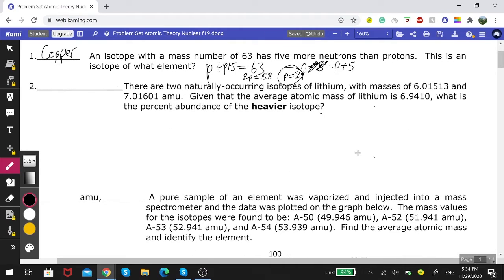Okay, 2 isotopes. Now we're looking for the percent abundance. So we have 6.01513 times x plus 7.01601 times (1 minus x) is equal to 6.9410.